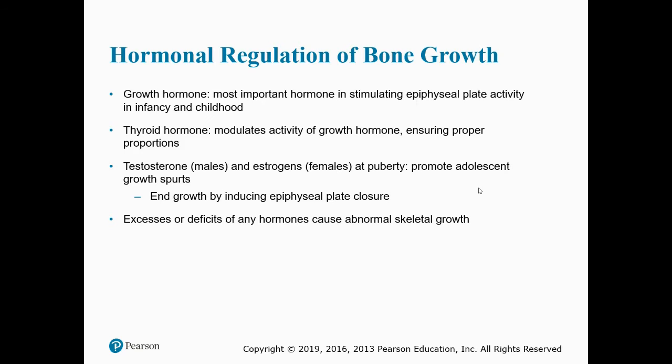These two hormones are estrogen and testosterone. Now, they control that growth through adolescence until we reach the end of adolescence and that epiphyseal plate seals to that epiphyseal line. Now, whenever you have excess or too little of these hormones, this is usually when we have some type of abnormal growth of the skeleton occur.